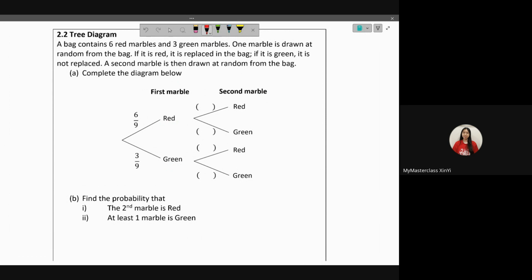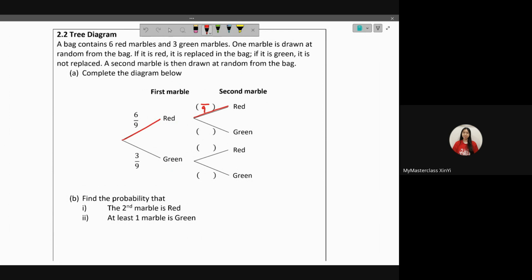Then when you read on, 1 marble is drawn at random. If it is red, it is replaced in the bag. So if you draw red, you're going to go through this branch. That is for the first marble. If you draw red, then for the second marble, you can either draw red or green. Since the red is replaced, you will still have 9 marbles in the bag.